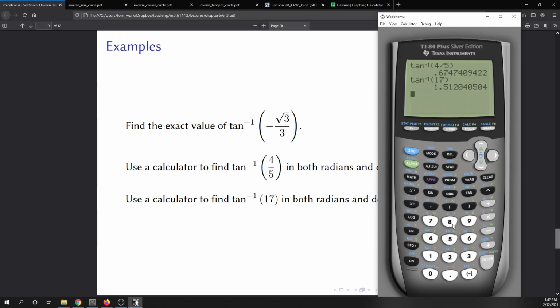And then do tan inverse of 4/5. So 38.66 degrees roughly. And then if we do tan inverse of 17, we should get something probably pretty close to 90, I think. Yeah. 86.63 degrees roughly. Okay.